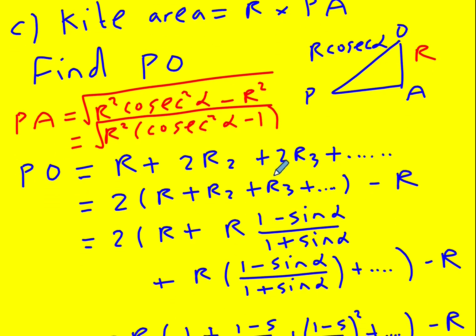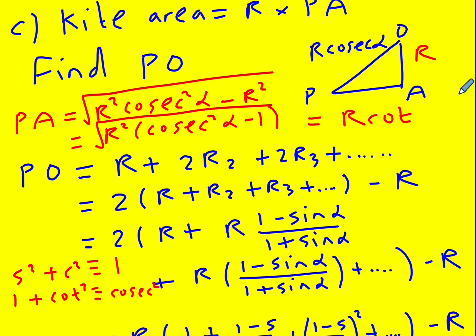Now we just need to remember, is there an identity involving this? Well, we've got sine squared plus cos squared is 1. If we divide through by sine squared, we get 1 plus cot squared is going to be cosec squared. And therefore cosec squared minus 1 is cot squared. And so this simplifies really nicely and amazingly to R cot alpha.